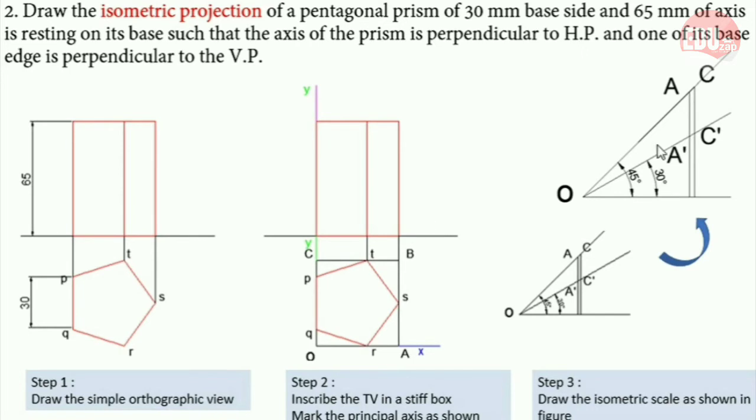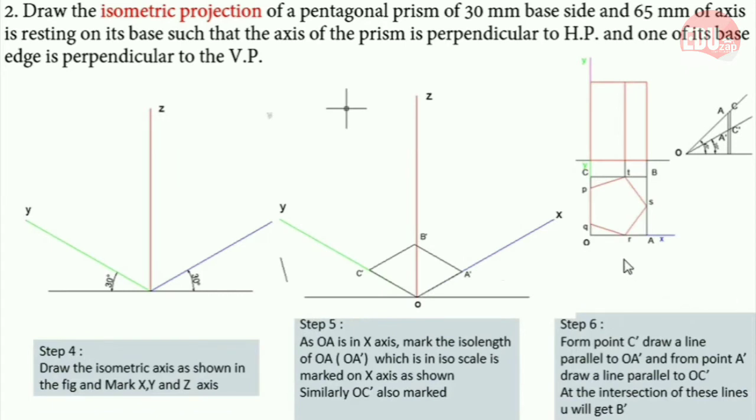After that you can plot it in the isometric projection. That means if you want to plot OA here, first take this OA and plot it here on the 45-degree line. From that point just drop a perpendicular, take this distance and mark it here.